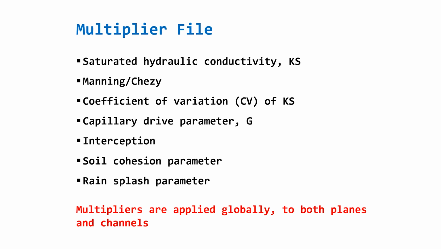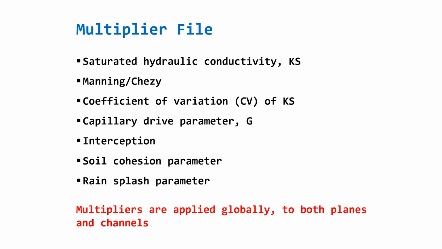So we're just going to scale those relative differences up or down. So a multiplier can be below 1 if you're going to scale those down. So if you're producing not enough runoff compared to the observed case, you would use a KS multiplier, typically less than 1.